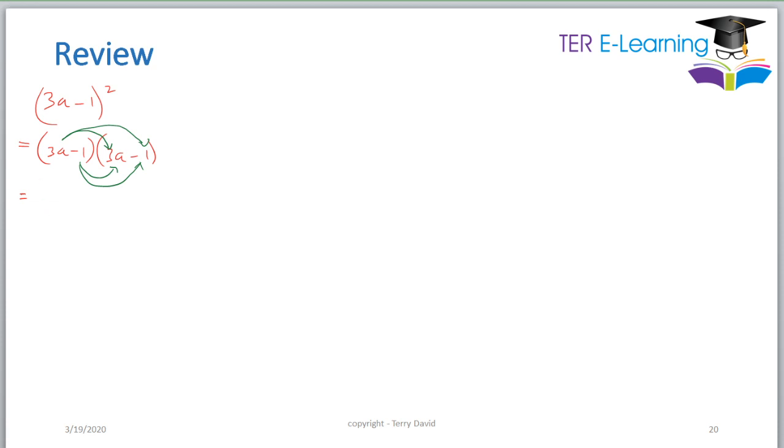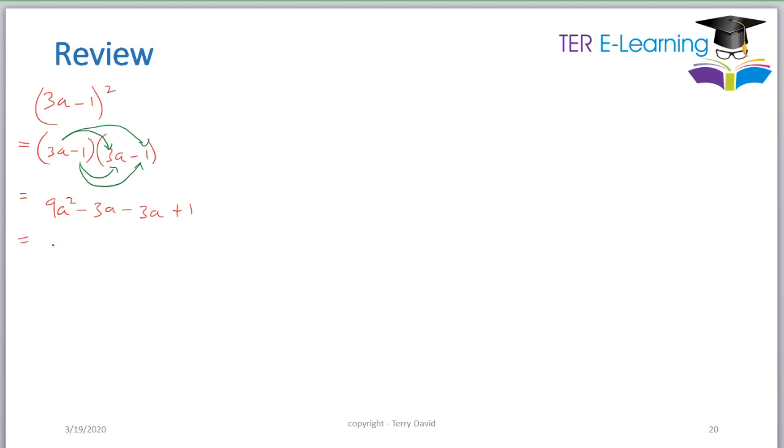So let's go. So the first one, 3a multiplied by 3a, that gives me 9a squared. Then the next term would have been 3a multiplied by minus 1, which is minus 3a. Then this term here will be minus 3a as well. And then minus 1 by minus 1 gives me plus 1.